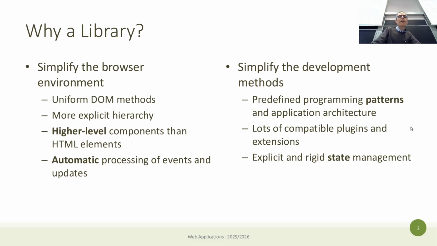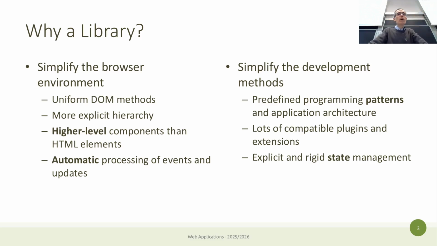So a library is needed because we need to simplify the browser environment. You remember we have a lot of API calls available, especially in the DOM. Create a node, destroy a node, append a child, put it as a sibling, hide things, we can change the appearance through the style and so on.